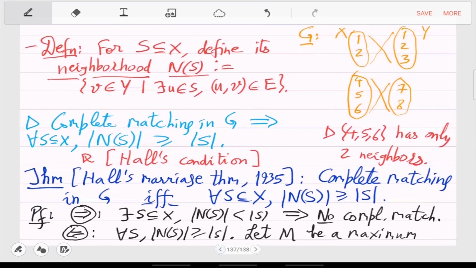So if possible, pick this incomplete maximum matching, and we are also assuming that Hall's condition is true. What we want to do here is get to a contradiction, right? If we deduce a contradiction in this setting, then it means that every maximum matching is complete. There is no incomplete maximum matching.